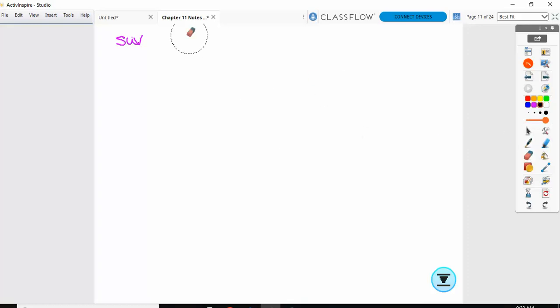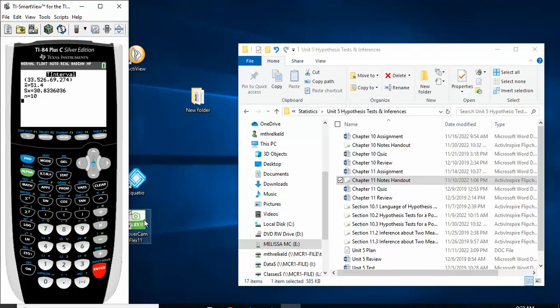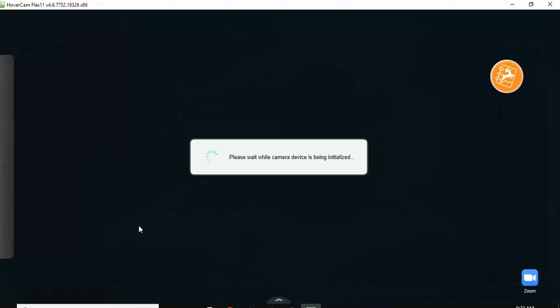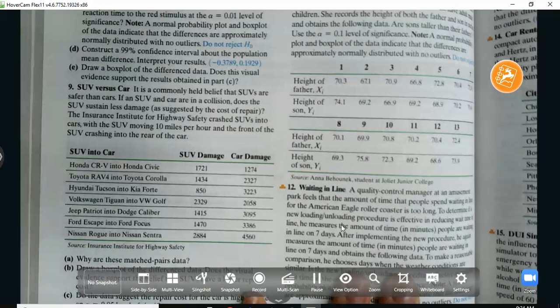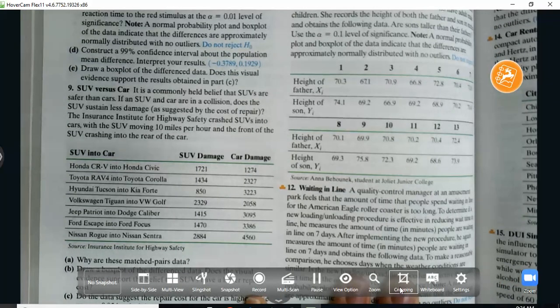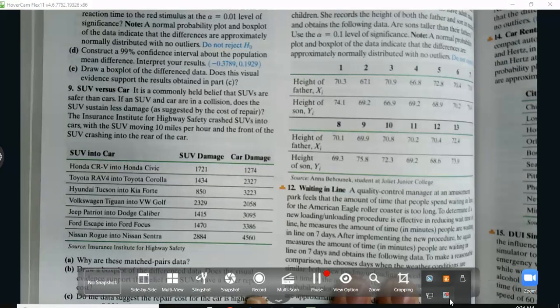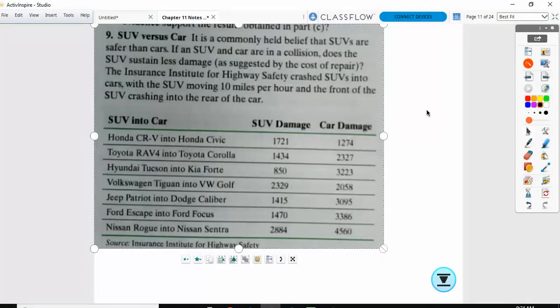I'm going to abbreviate this. Well, actually, let me do this. All right, so we are going to take some of this data here.